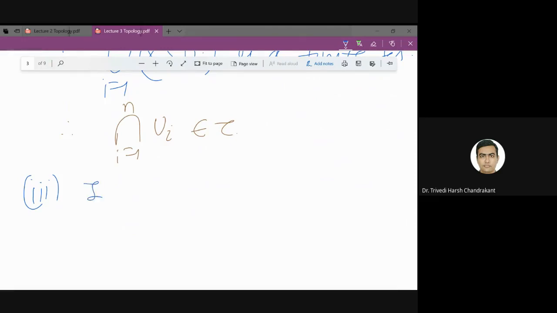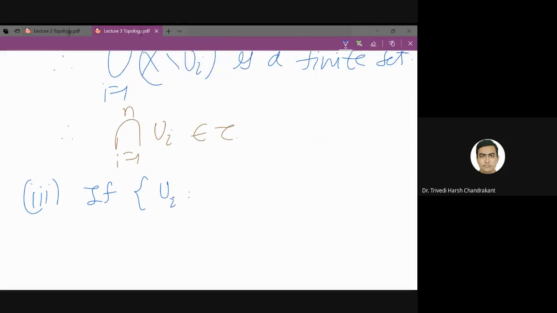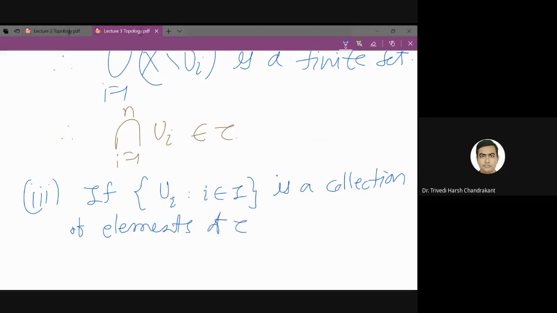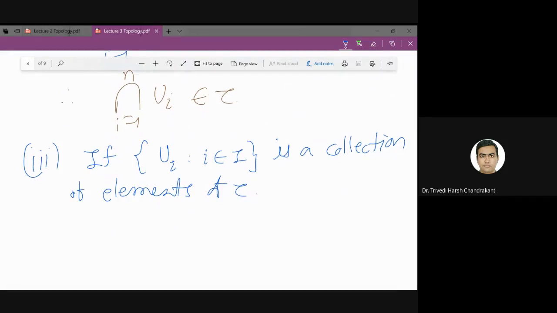For an arbitrary union, we have to take an arbitrary collection of elements of tau. So if I take ui, where i is an element of the index set I, a collection of elements of tau, then what we need to check?